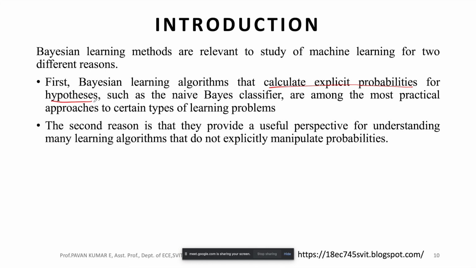We have seen a lot of problems on hypothesis in the first module also, so there we go for this type of algorithm, which you can apply very practically. The second reason is that it provides a useful perspective for understanding other learning algorithms also. The Naive Bayes classifier is the best algorithm you can implement.